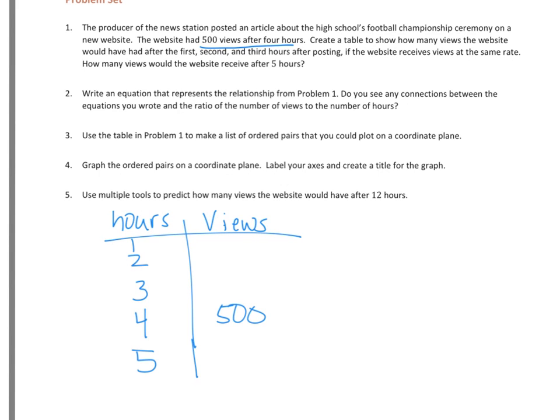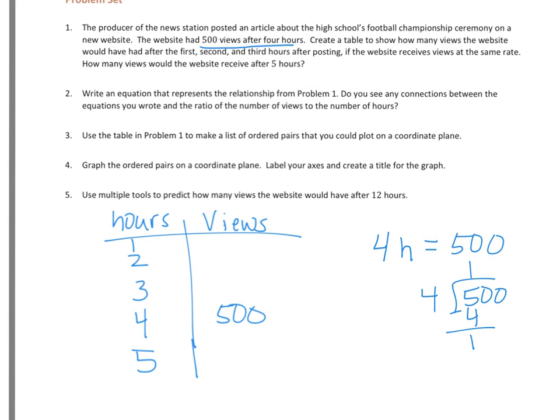So what I'll do right now is I have to figure out how many views there were for 1 hour. So I know that at 4 hours there were 500. So I need to figure it out for 1. So I'm going to take 500, and I'm going to divide it by 4.